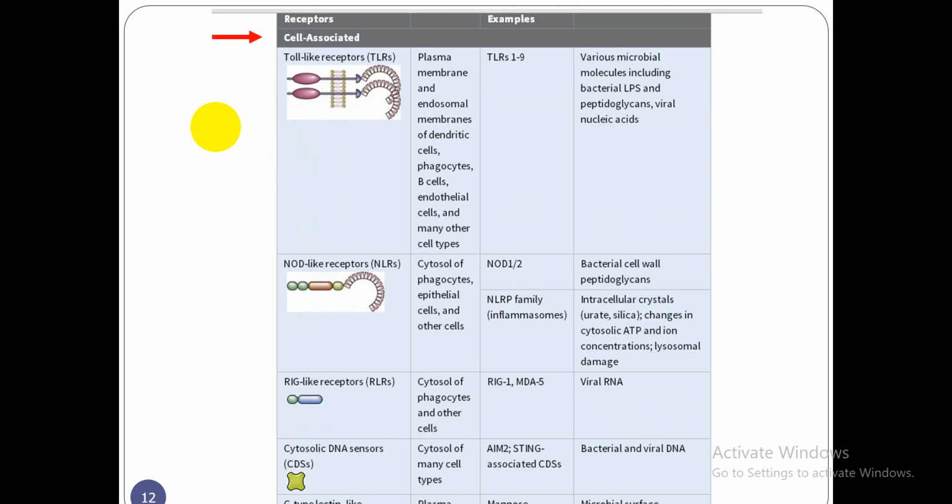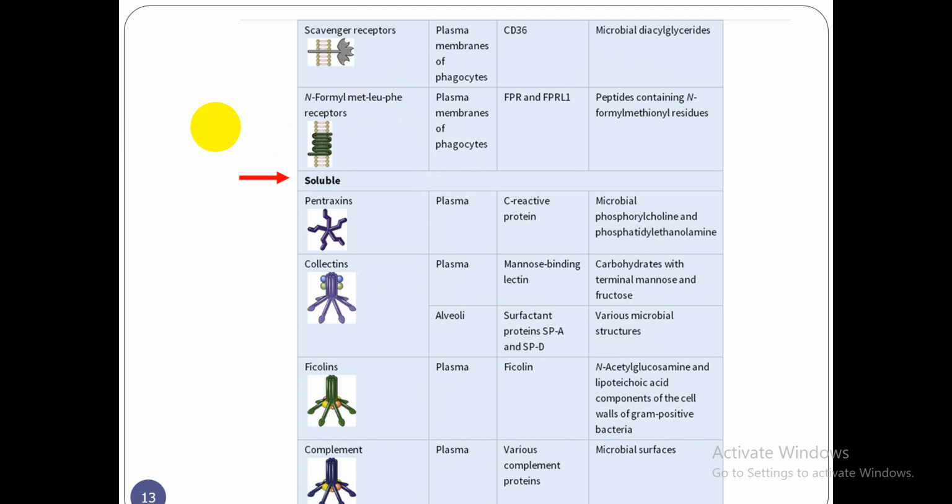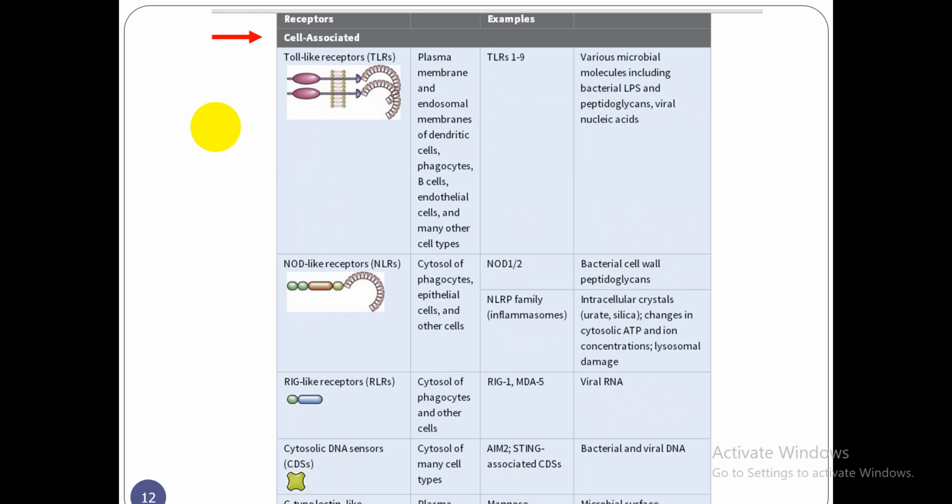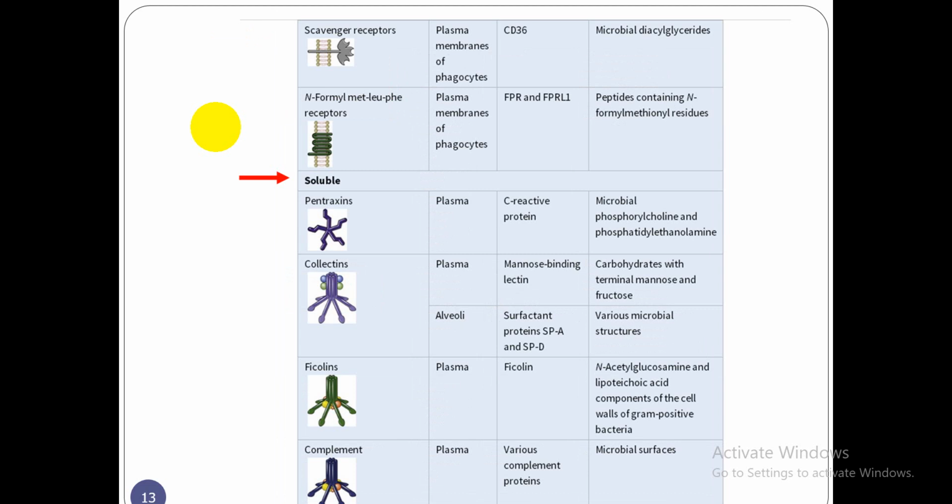Some of them are cell associated and the others are soluble PRRs, and these cell associated PRRs, some of them are present on the surface of the cell, some of them in cytosol, some of them on the membrane of endosomes, and these soluble PRRs could be in different locations, such as plasma, alveoli, and other locations.